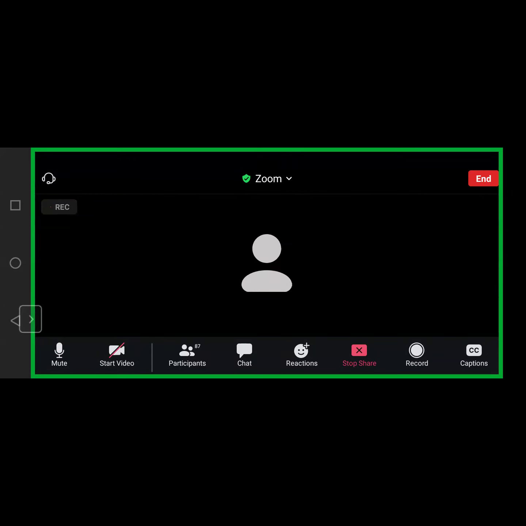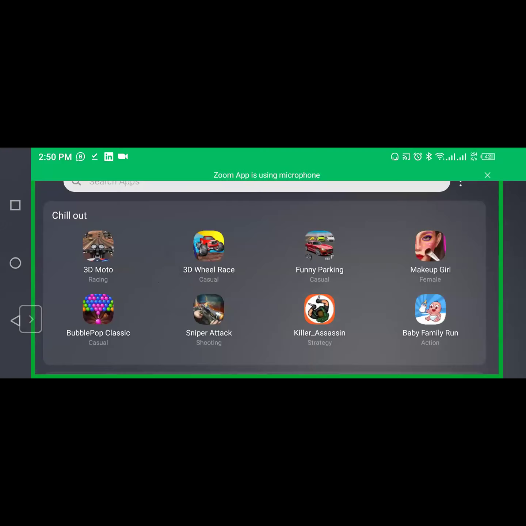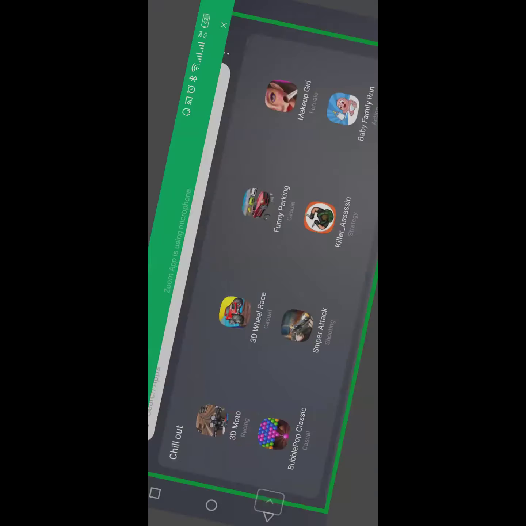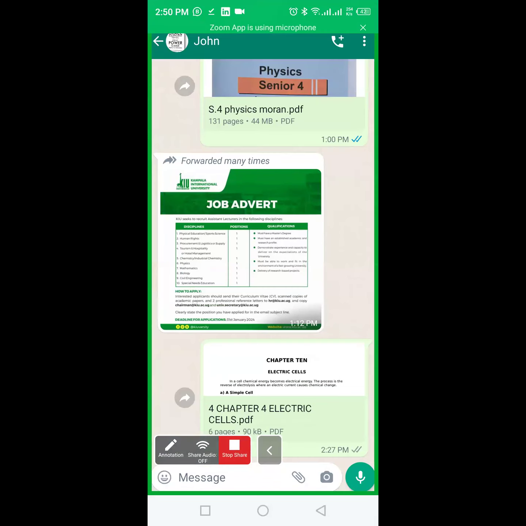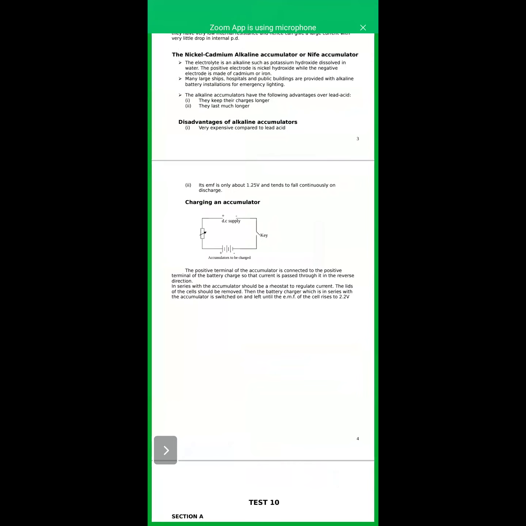So before I go into depth of what I was trying to mean, can someone say something? Yes, any response? We are comparing the internal resistance of secondary cells vis-a-vis the internal resistance of primary cells.